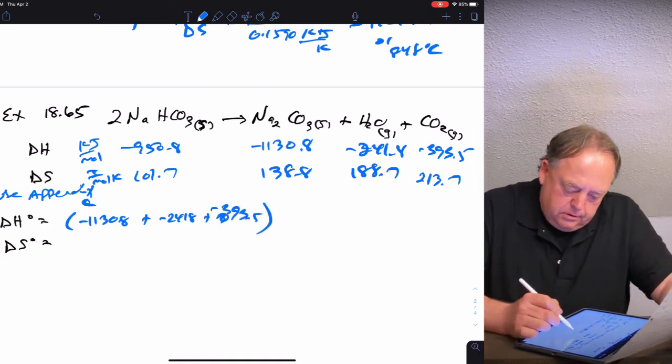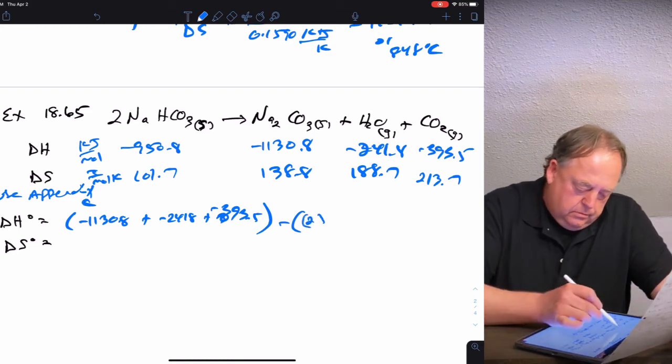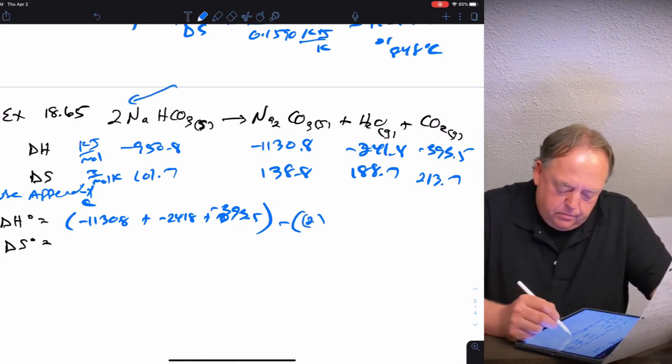So take your products minus your reactants. So again, because of the 2, you have to multiply this number by 2.